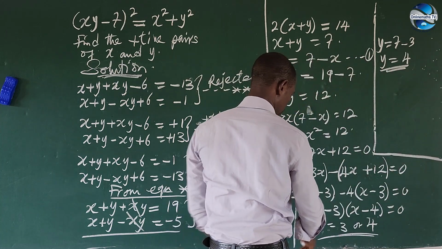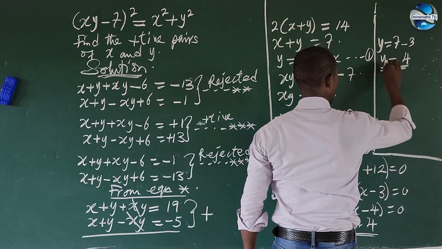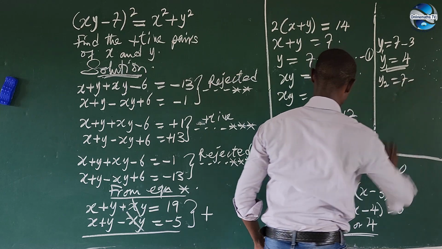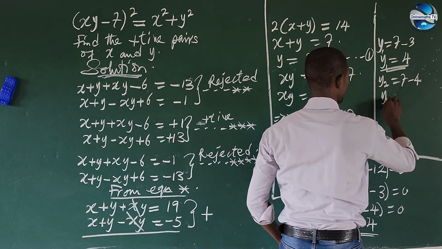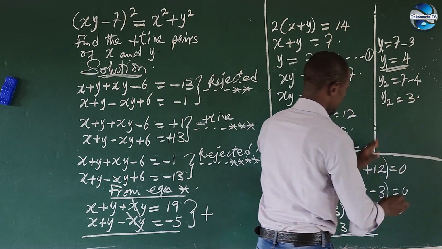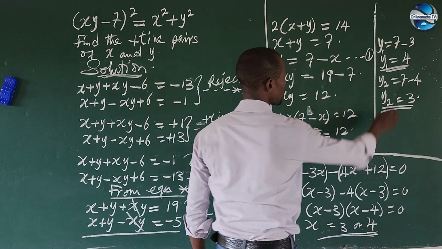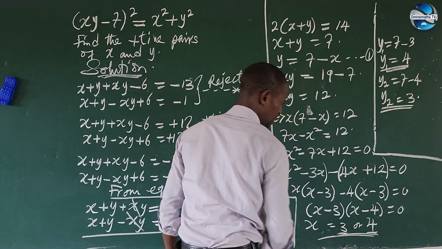Okay? So for our x1, we have y1 is equal to this. So y2 will now be 7 minus 4. So we have y2 is equal to 3. So we now have y2 to be this, x2 to be this, y1 to be this, x1 to be this.